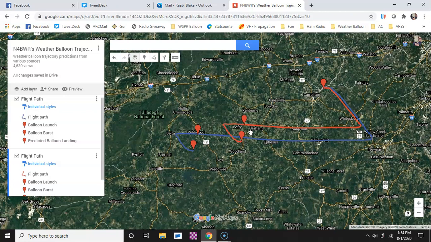I know the chase is fun, but if anyone would like to be there when the balloon comes down, that is a possibility. I have watched on YouTube a group in New York that launches weather balloons, and he literally grabbed the line between the parachute and the payload as it came down. He was that close. He had to sprint a little bit, but basically he was right there. So that's what I'm thinking about this.